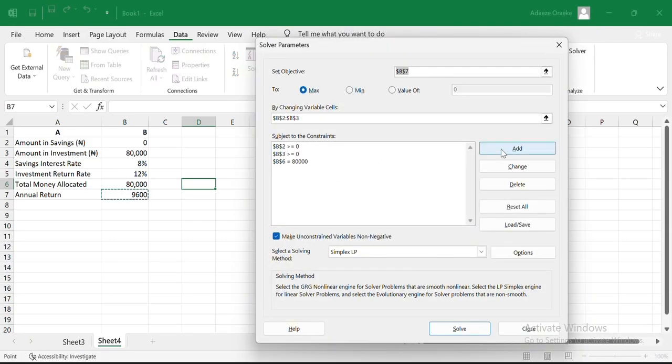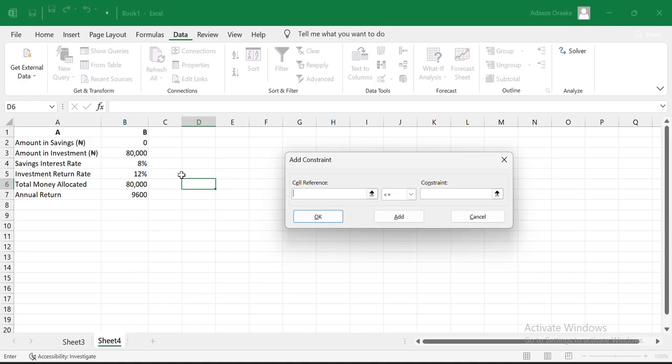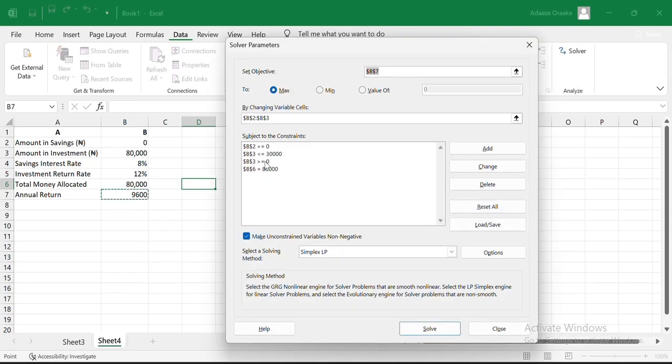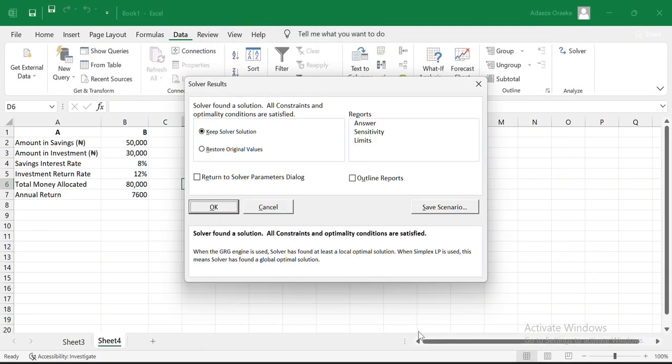Let's assume we now say investment is a bit risky. So let's say we want our investment not to exceed 30,000. It cannot be more than 30,000 because investment can be risky, like I said. So take precautions. Let's add that constraint, then solve. So our amount in savings will be 50,000.